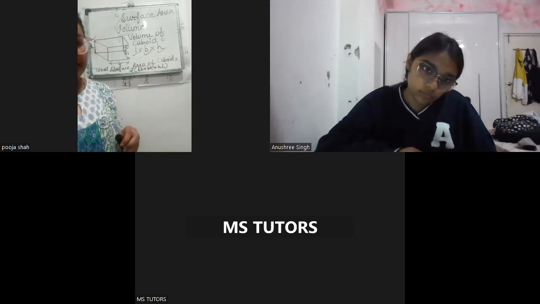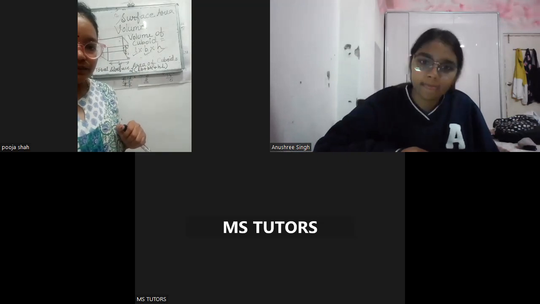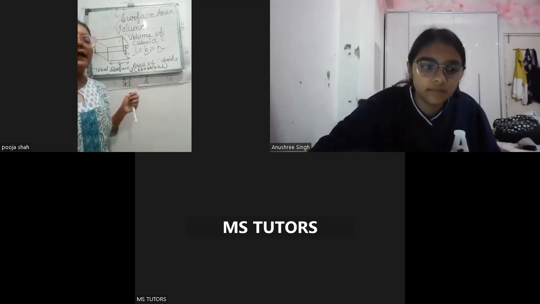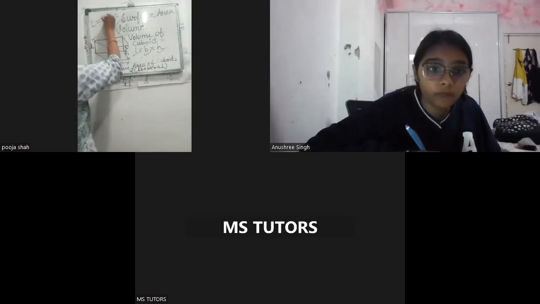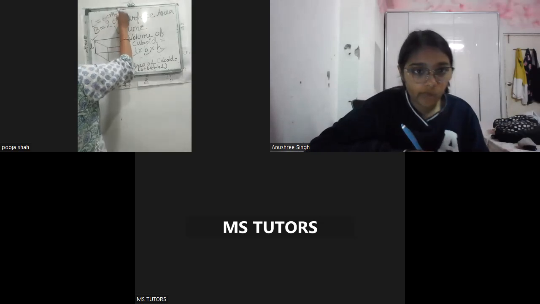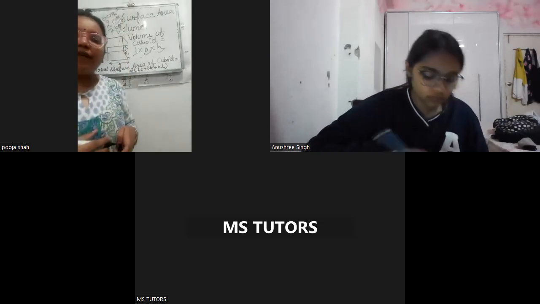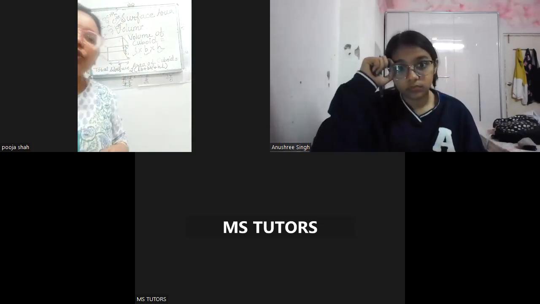We have a cuboid box with length 6 centimeter, breadth 2 centimeter and height 7 centimeter. You have to find out the volume of that cuboid box.